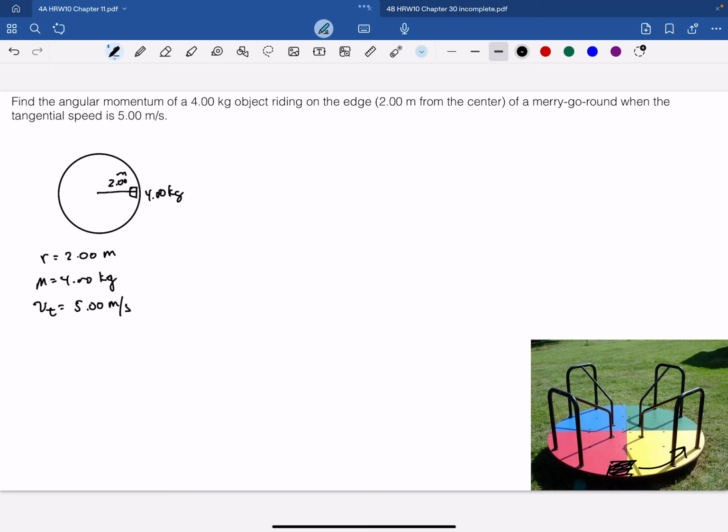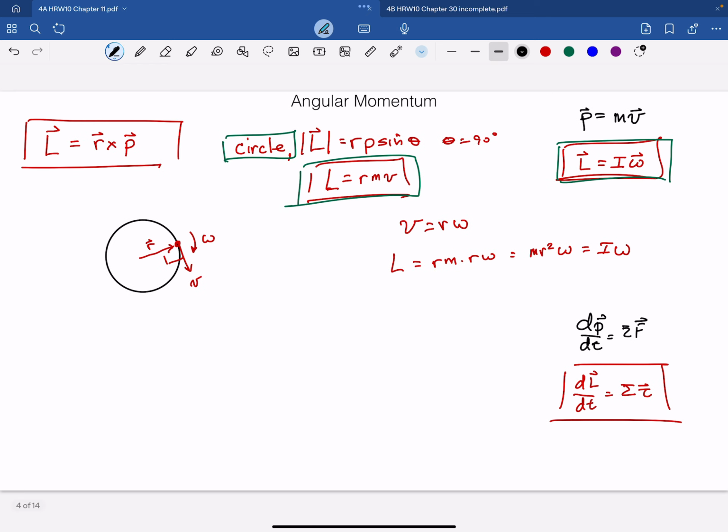So they want me to find angular momentum. That's what they're after. If I go back here to my toolbox of sorts, is there any one of these boxes that seems to be speaking the language of this problem? It's the one in the middle, isn't it?